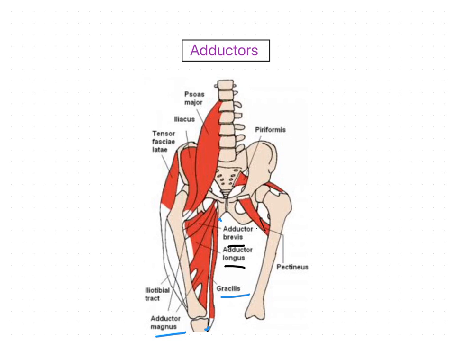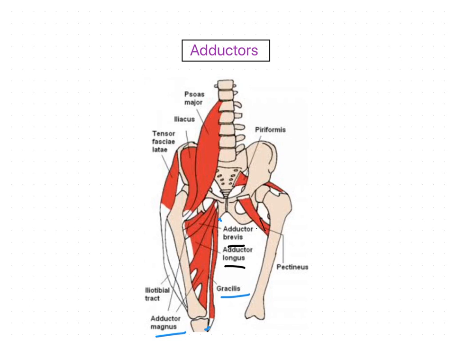So these muscles are considered adductors. And such a combination of actions of these muscles, because of their location and their action lines, also has some function in the rotational activities. So this is all about the adductors.